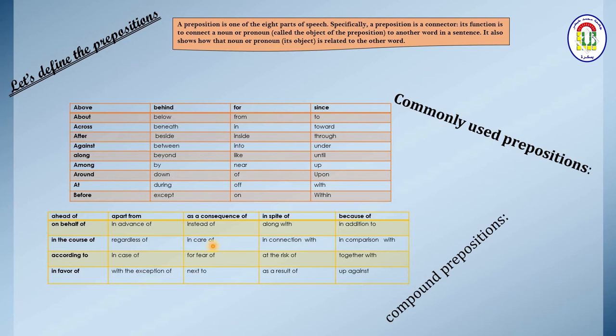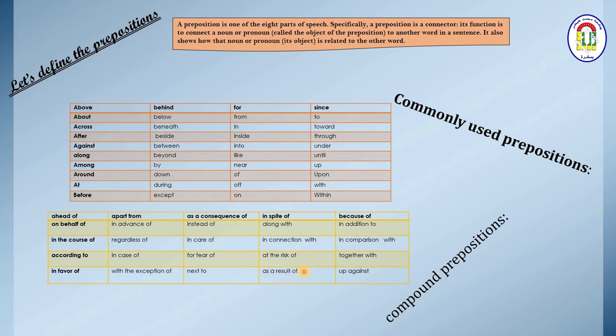So the meaning is normally based on the main part, which is the noun. For fear of, next to, in spite of, as a consequence of, apart from, along with, in connection with, at the risk of, as a result of.